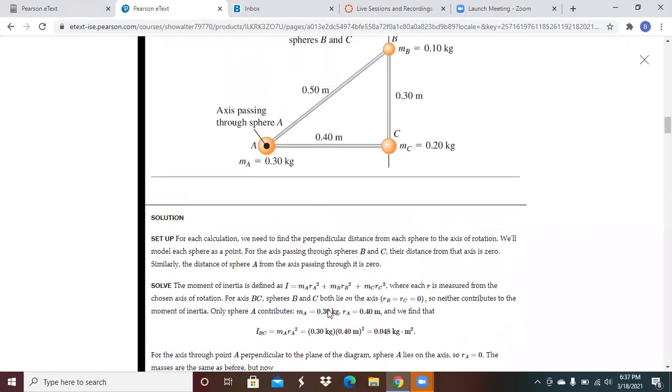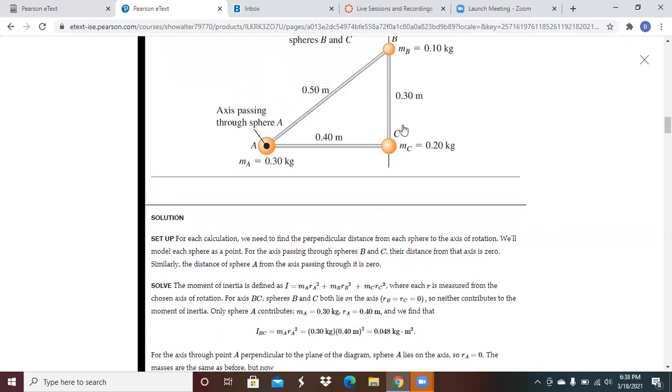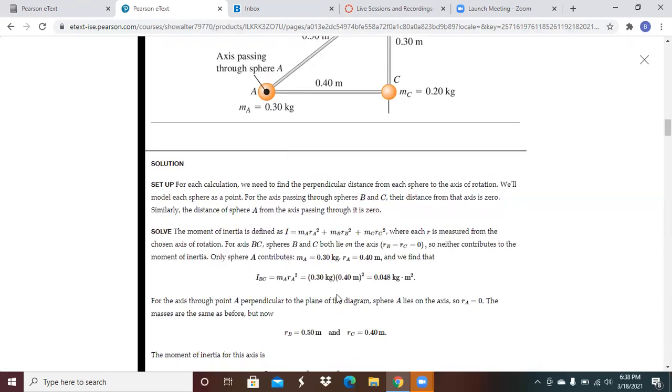We've got the mass here. We've got the radius here. That's the distance. And we're going to find that the moment of inertia for BC, if this were the axis on which it rotates, then this would be the only thing that would contribute to it.